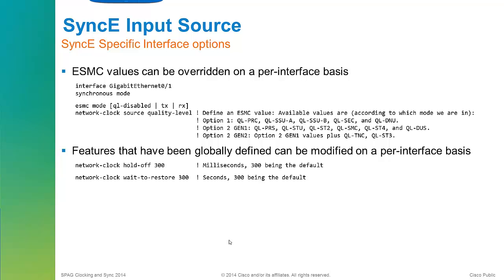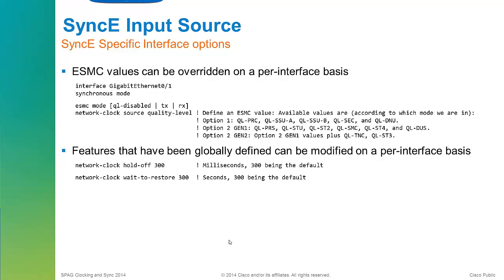First of all, we'll just cover a couple of little ESMC things and other global values. Normally if you have an interface gigabit Ethernet 1 synchronous mode, that's generally how you turn synchronous mode on most platforms. When you turn on synchronous mode and start to use it in synchronous Ethernet, ESMC packets start flowing over it as well, and ESMC will determine from the other end what the quality of that clock is, and you're able to affect that.